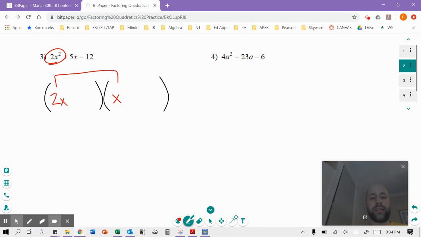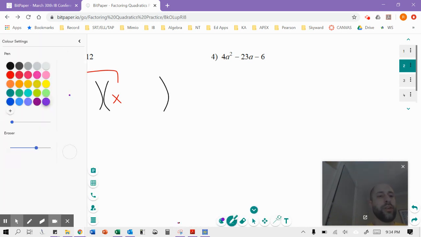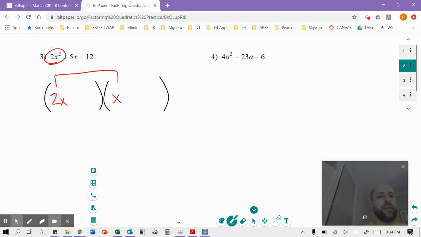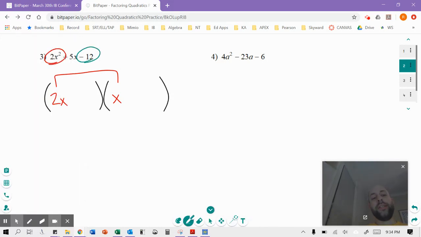The last term, so negative 12, comes from these two things, right? So whatever this is times this has to multiply to negative 12. And so there's a couple of different options there.